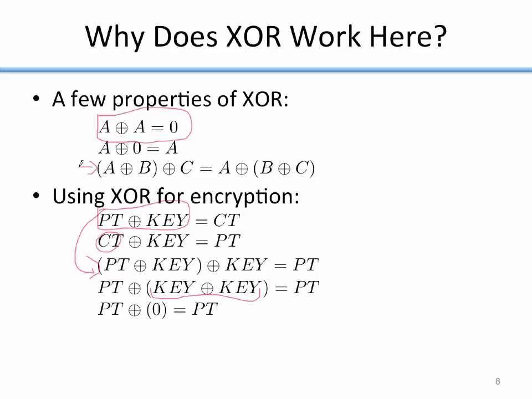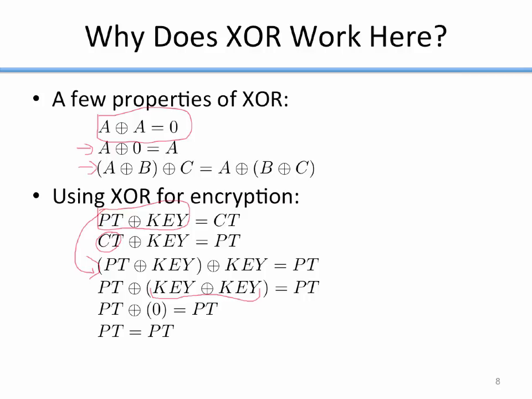And we know from this second property that anything exclusive ORed with 0 equals itself. So that further reduces to plain text equals plain text, which is exactly what we want to have happen. So mathematically, based on these 3 properties, we can see that the encryption and the decryption do work. And it's because when you exclusive OR something with the key twice, you end up undoing the encryption.